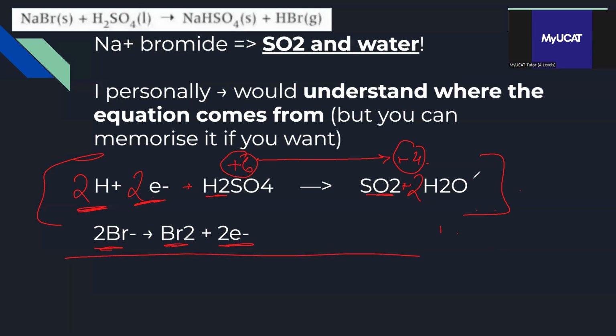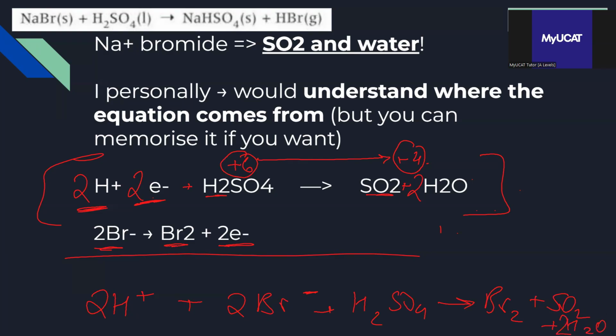And so to work out the final equation, I would then add those together. 2H plus, 2Br minus, plus 2e minus, plus H2SO4. And we can cancel out the 2e minus because it's going to be on both sides of the equation. H2SO4 is going to become Br2 plus SO2 plus 2H2O.